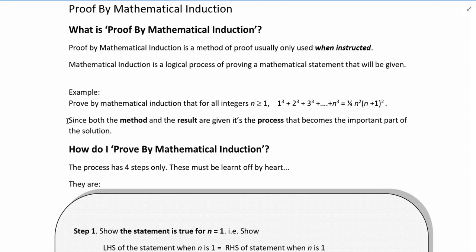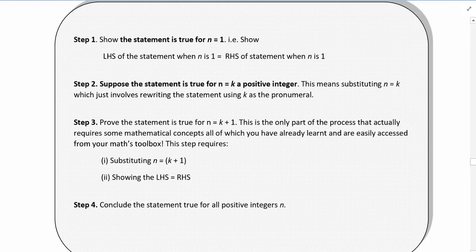Now, it's pretty straightforward in that the process has 4 steps. So they're shown here, and it must be really obvious in your answer that you're addressing 4 aspects to the proof. You could start off step 1.